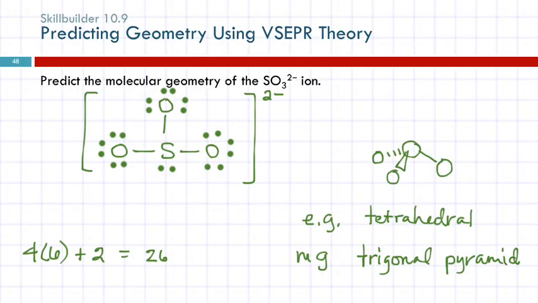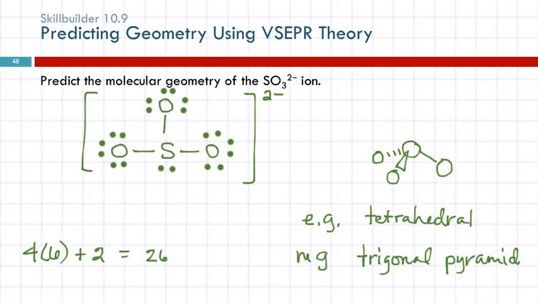Question? Yes, this is a lone pair right here. Why did you take the top one? Well, because you could rotate this around.